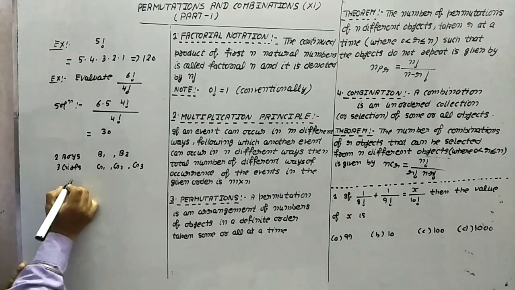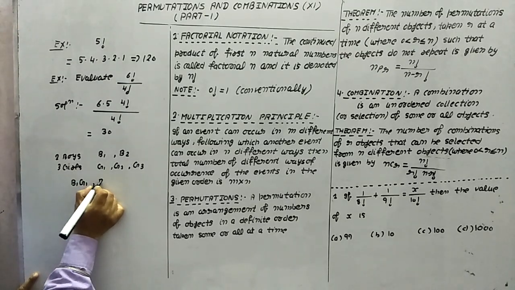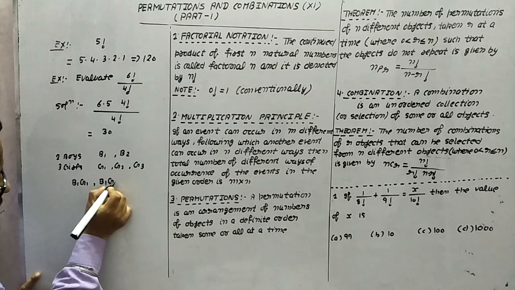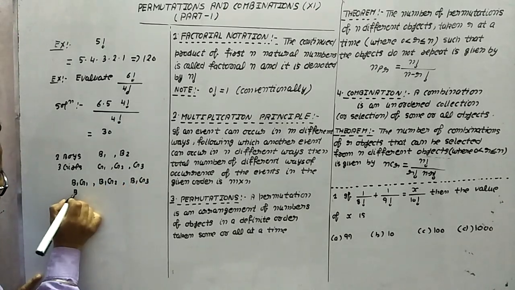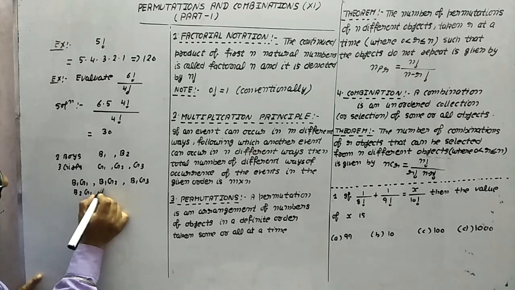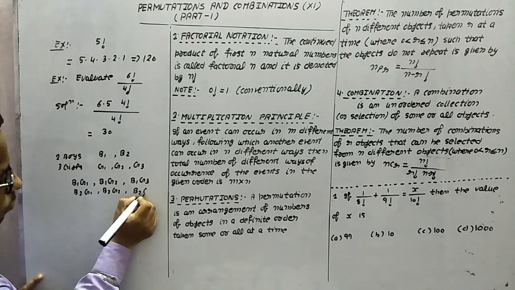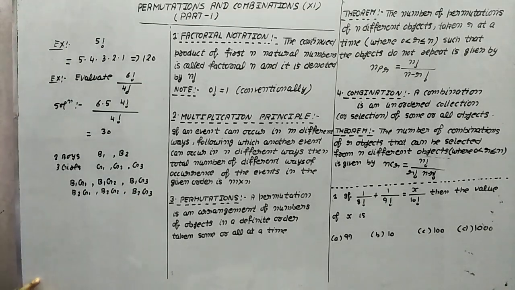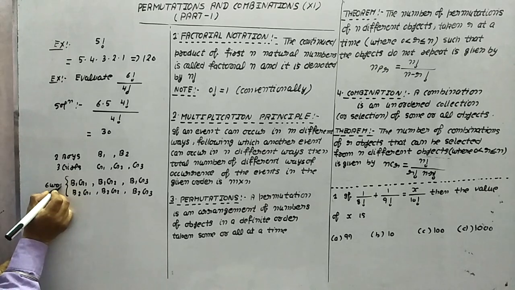Now look at this. It may be B1 G1, B1 G2, B1 G3. Now B2 G1, B2 G2 and B2 G3. It means there are 6 ways to select the monitors.